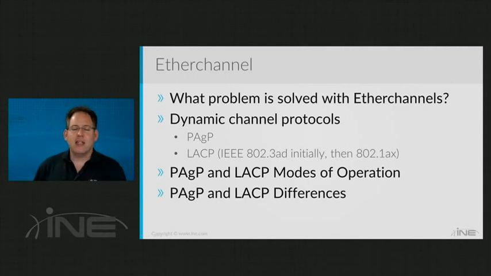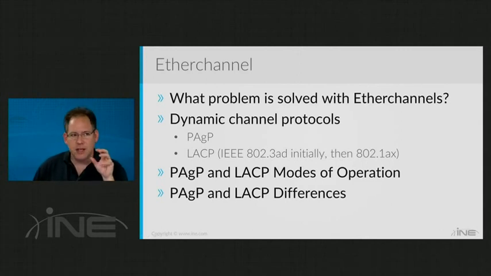Now, another difference with LACP is that it has this concept of system priorities and port priorities. Think about this, it will hopefully be a good analogy to help you memorize this. Remember, LACP, who's the organization that standardized it? The IEEE, right? IEEE also standardized spanning tree. Spanning tree also has priorities, system priorities, now they call it bridge priorities, and port priorities, just like LACP.